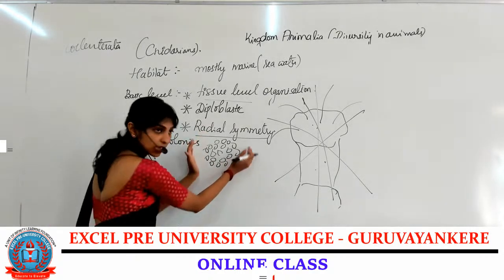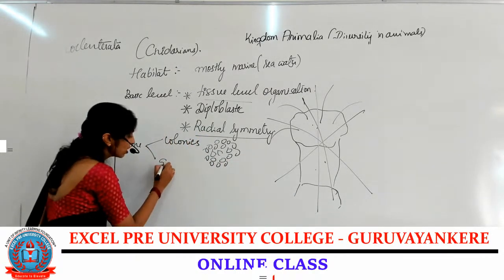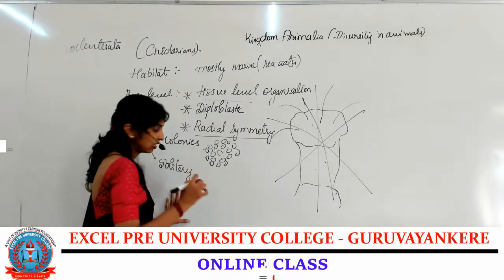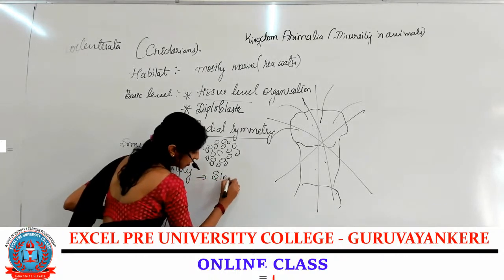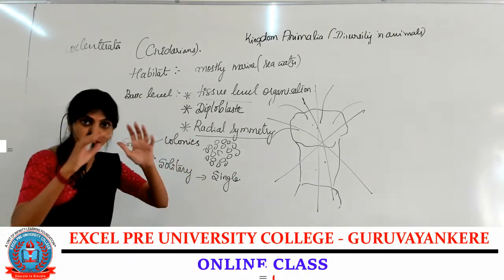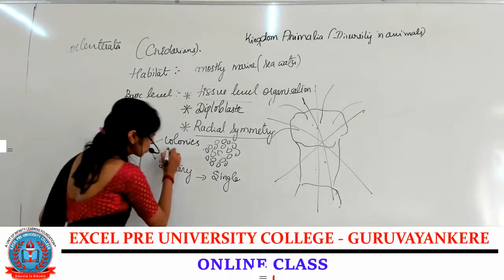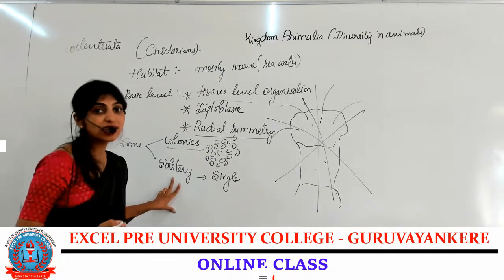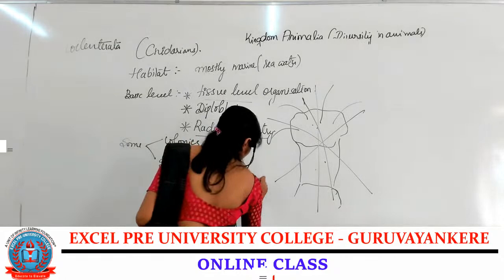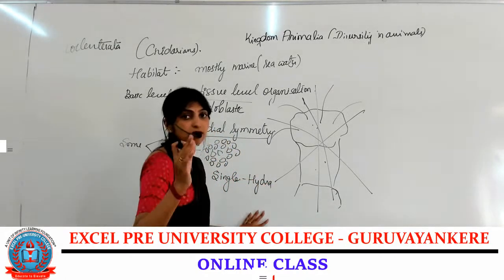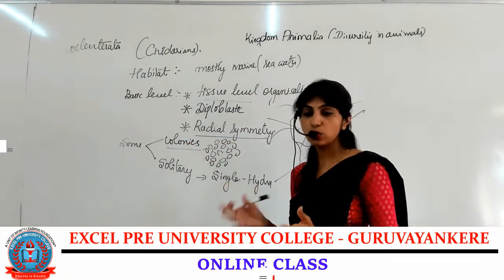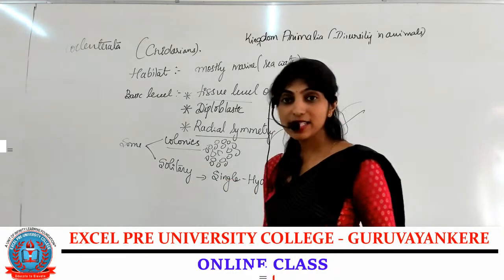Some of the organisms live in colonies, and we call it colonial. Some are solitary. What is the meaning of solitary? They live single, all alone. For example, I can take Hydra. They live alone, they are solitary, or they live in a group. This is about phylum Cnidaria.